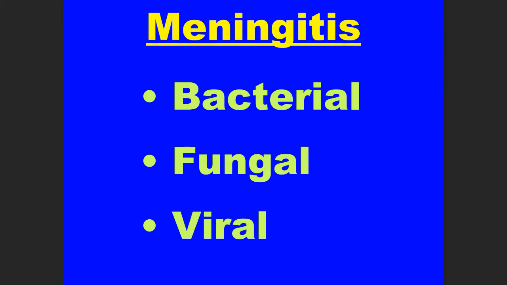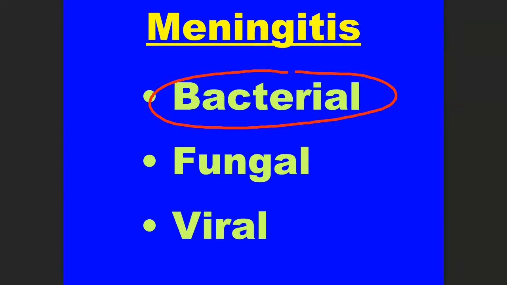Whenever you hear of a person having meningitis, most likely that person has what's called bacterial meningitis, which is caused by some bacterium. Bacterial meningitis is the most common cause of meningitis. But in rare instances, meningitis can be caused by fungal organisms. That's usually more of a problem for the immunocompromised.